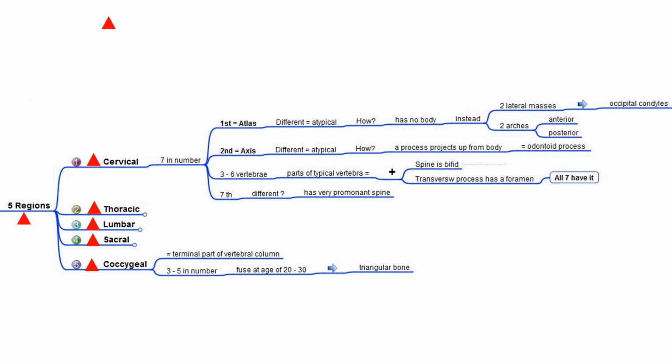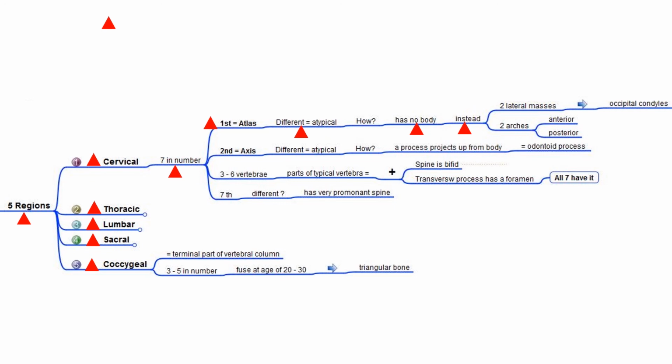Now, the cervical part of the vertebral column has 7 vertebrae. The first one is the atlas, and it has a different shape than other cervical vertebrae, and therefore it is called atypical, meaning not typical.